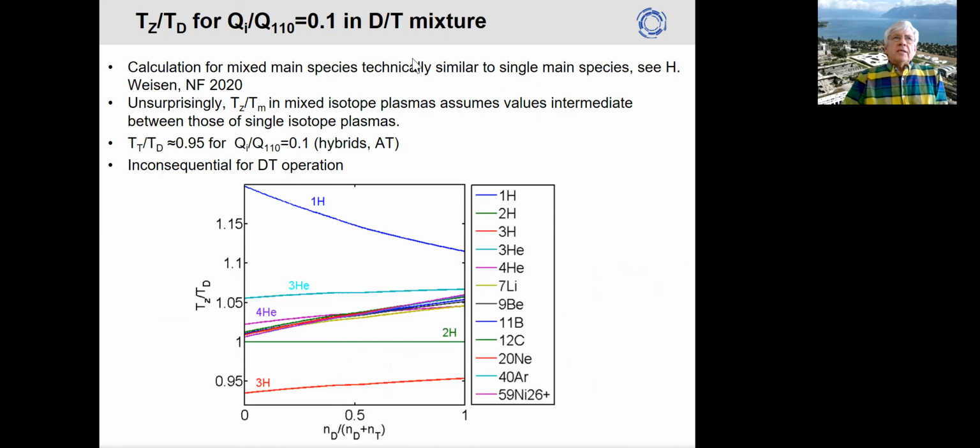And unsurprisingly, the impurity to main temperature ratio in mixed isotope plasma simply assumes values intermediate between those of single isotope plasmas. In particular, in a DT mix at 50-50, we expect the tritium temperature to be a few % lower than the deuterium temperature. This is, of course, not of any consequence for the DT operation itself.